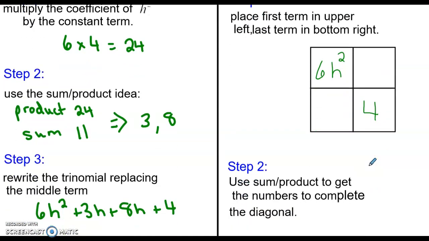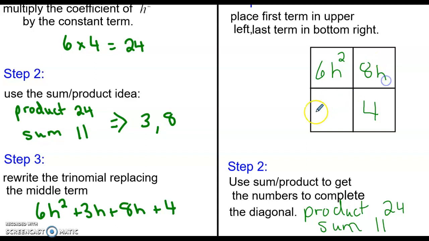Then, like I said, we want things that give us a product of 24 and a sum of 11. And those numbers are going to be 3 and 8. So I'm going to put my 8h in one square and my 3h in the other square.